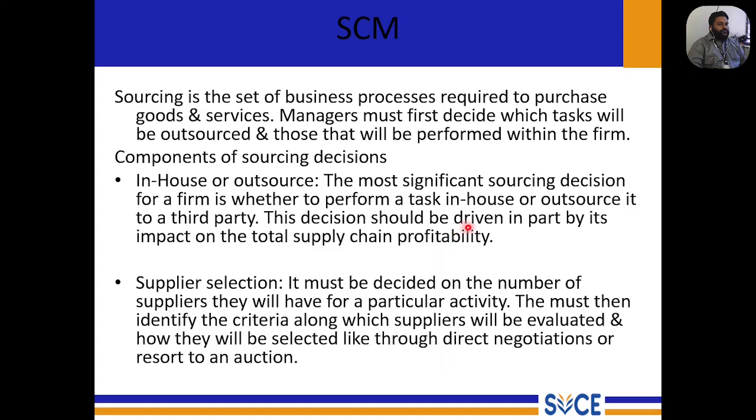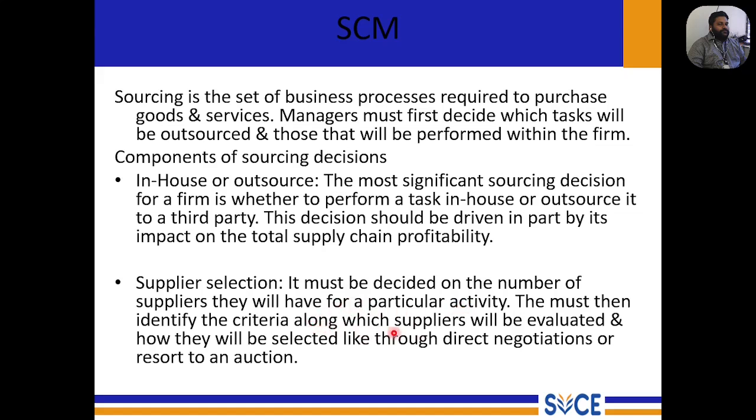This decision is driven majorly by the managers, and different areas of the supply chain have to be taken into consideration for building up the profitability for the organization. So selection of a supplier must be decided on many parameters, which have to be taken into account just for one single particular activity.